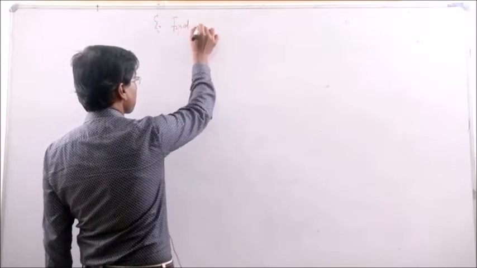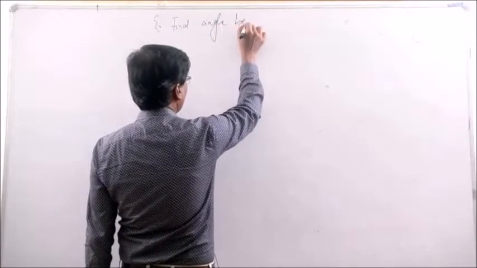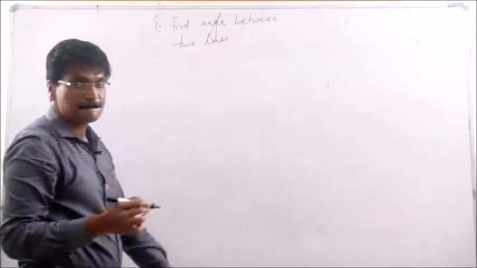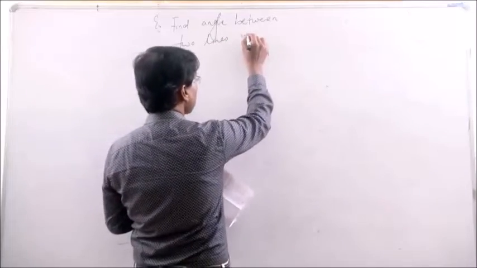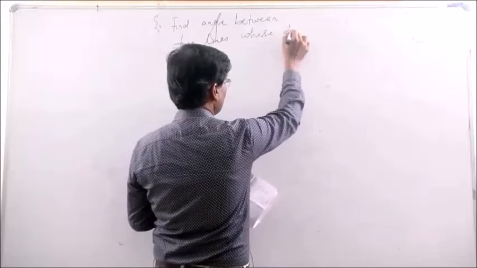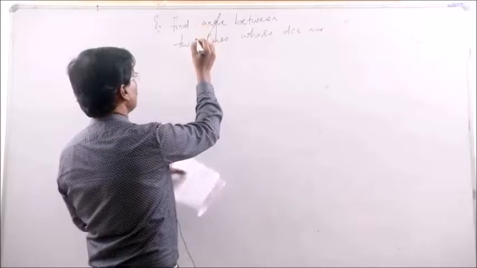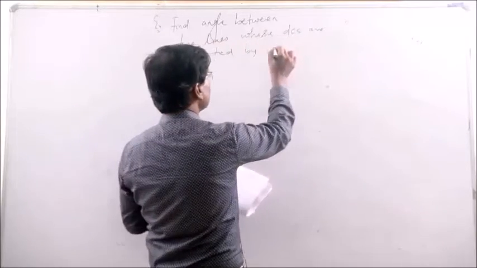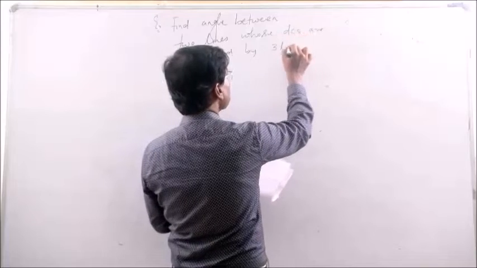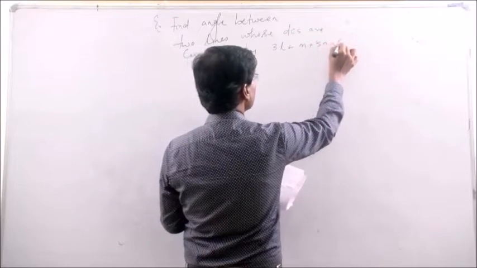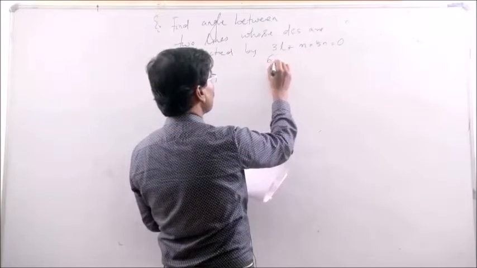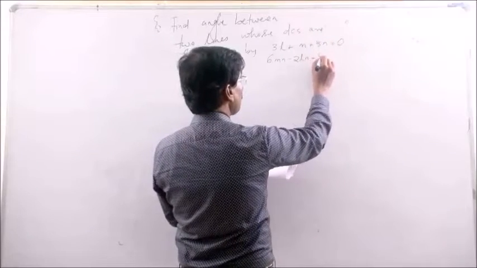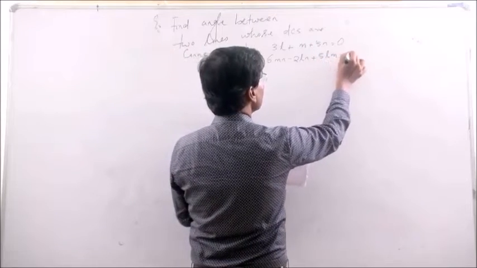Find the angle between two lines whose direction cosines are connected by the relation 3l plus m plus 5n is equal to 0, 6mn minus 2ln plus 5lm is equal to 0.